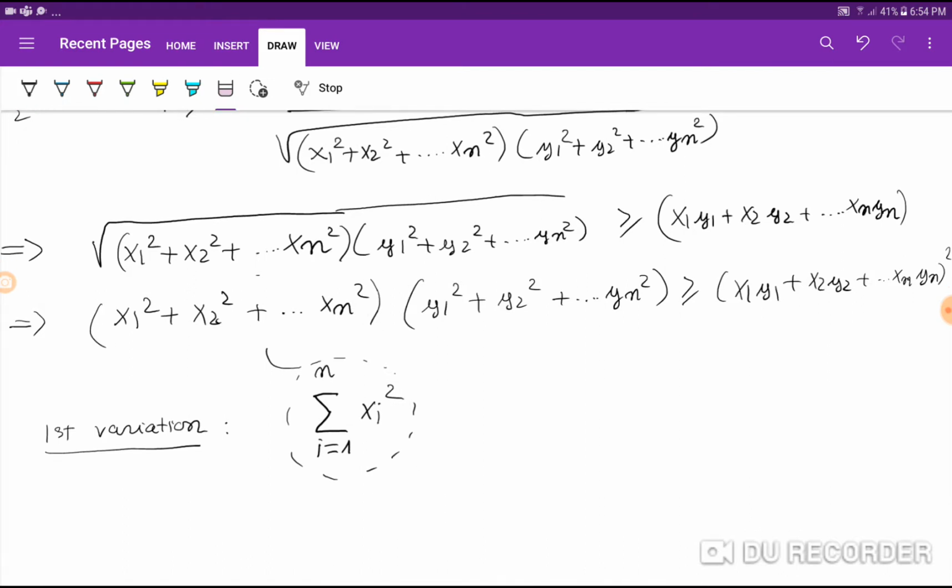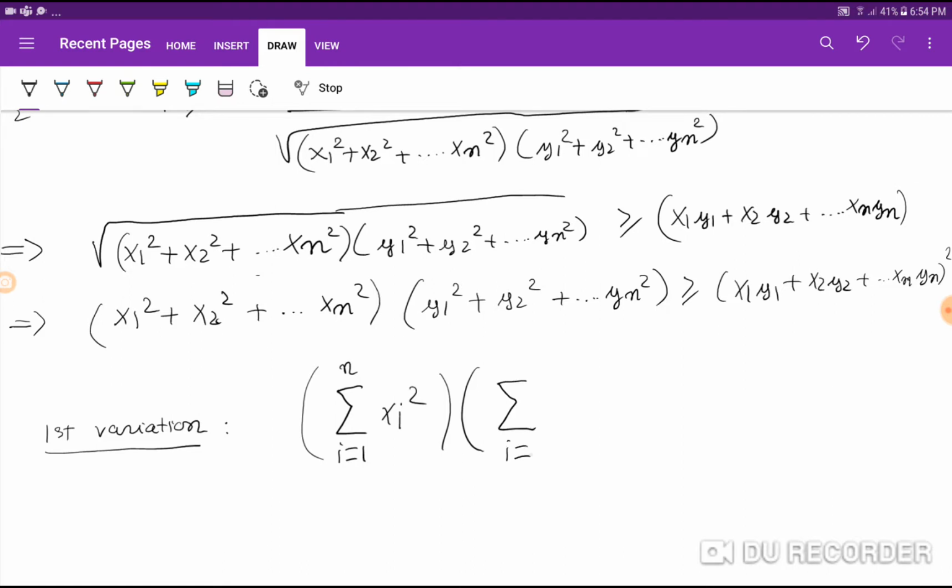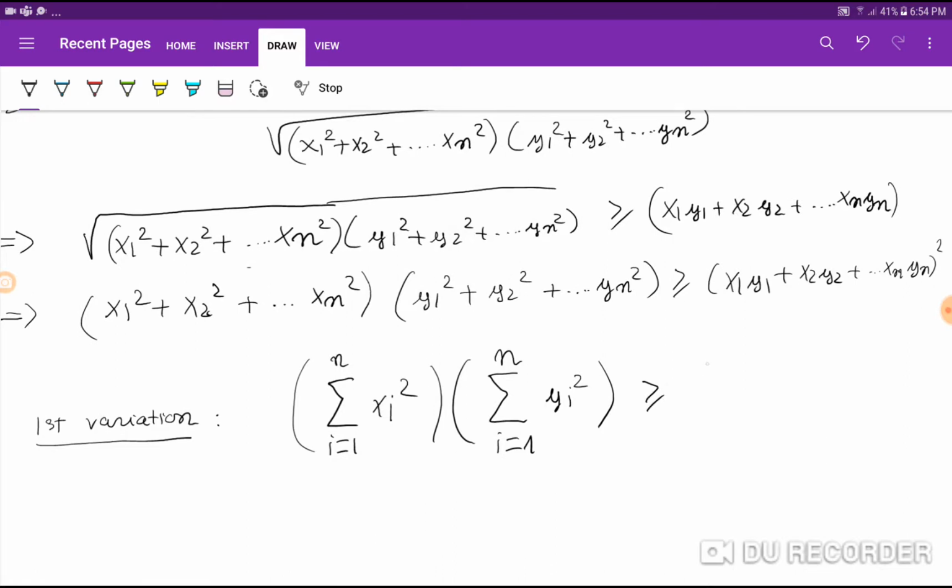Okay, and then similarly, oh sorry, I mistakenly deleted. Let me rewrite it. So the sum of i equal to 1 to n of xi squared, and then times the sum of i equal to 1 to n of yi squared, which is y1 squared plus y2 squared all the way to yn squared, greater than or equal to the sum of xi yi, i equal to 1 to n, all of this squared.